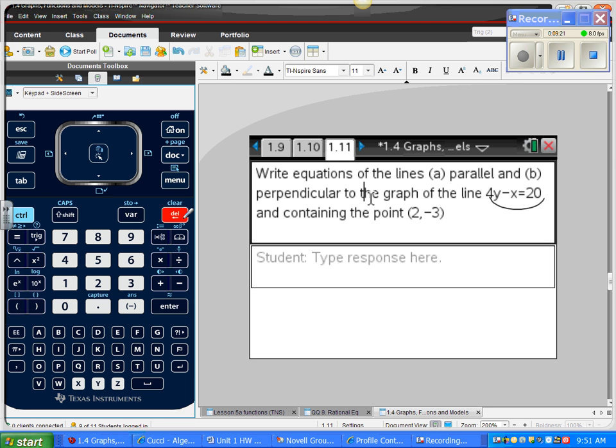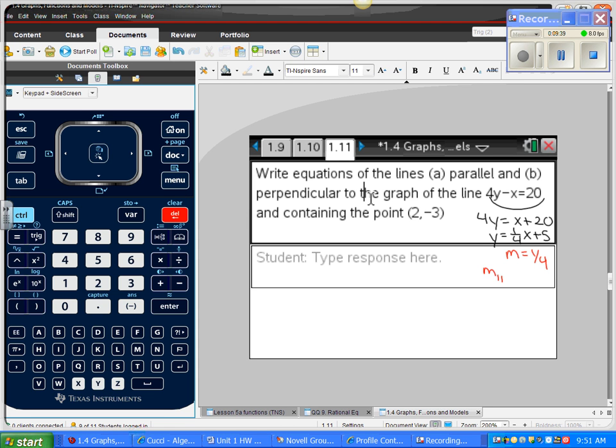So let's solve that out. Add over that x, and then divide by 4. So we get 1/4 x plus 5. Okay? So the slope for that is 1/4.